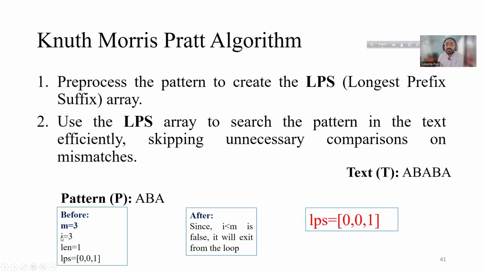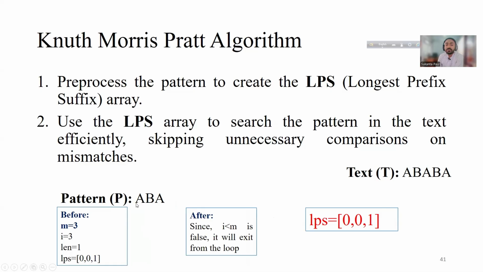And since the value of i is equal to 3, which is not less than m, that condition is false. If that is false, then we exit from the loop. And finally, we got the LPS array 0, 0, 1 for the pattern ABA.